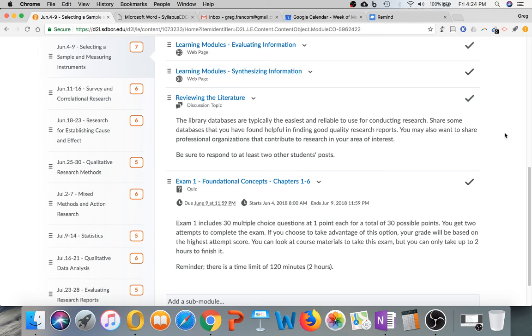So again, you can have your textbook out or other materials if you want to, but you only get 2 hours to finish it, so you do need to have some highlights or notes of the chapters, like I warned you. It is focused on chapters 1 through 6. It's not really on the learning modules or other items in the course.